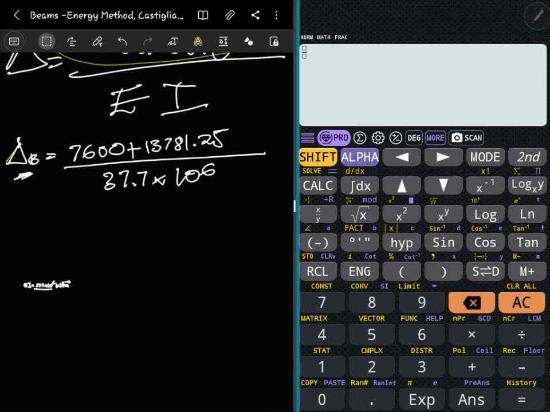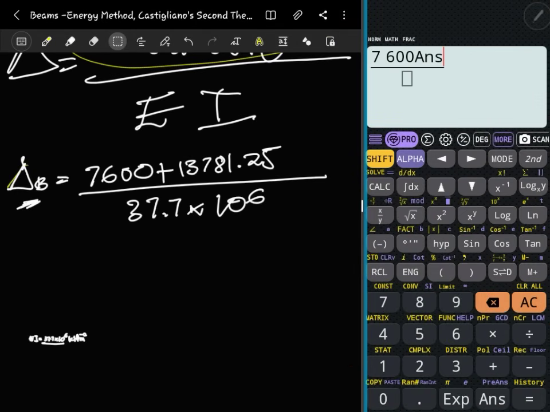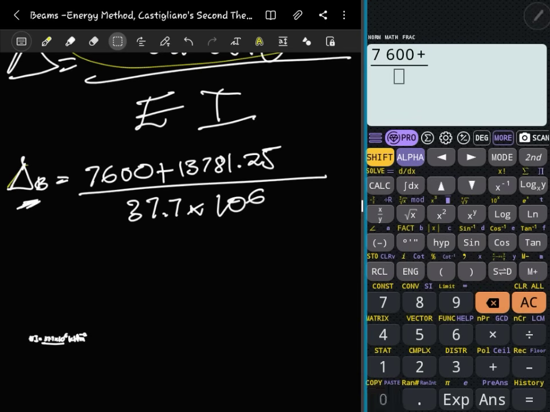So we have 7600 plus 13781.25, all on 37.7 times 10 to the power 6, right? And this was given to us.